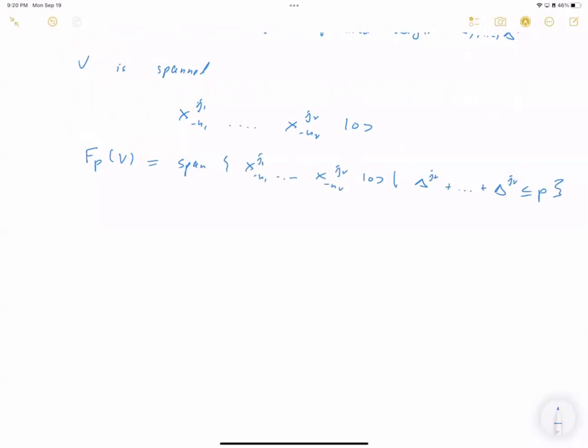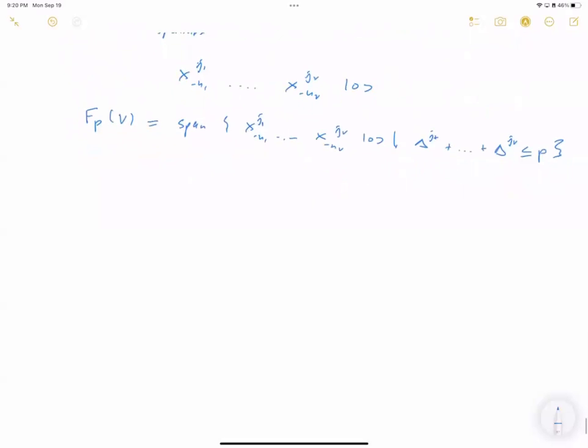Right? And notice that the mode index, this minus n1, is completely irrelevant for this one.